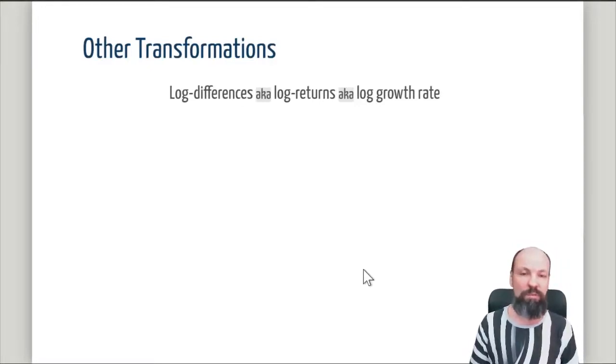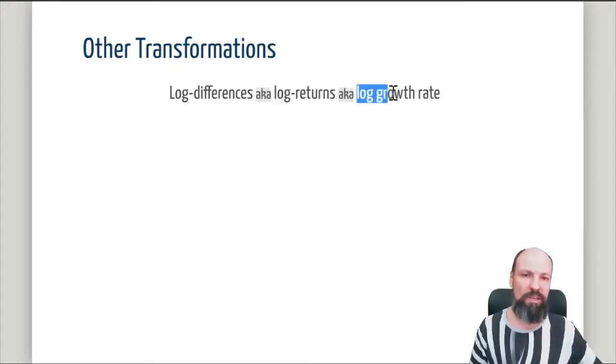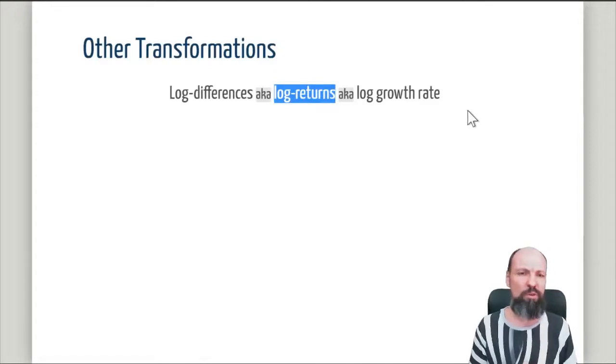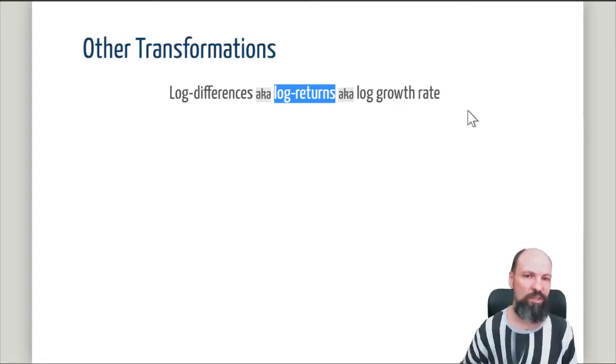The so-called log differences, same term log returns, and the same term log growth rate or logarithmic growth rate. These are synonyms. The difference is that the log returns term is used for financial data. When you apply this transformation to financial data that are essentially prices or something price-like in levels, like for example an index value, then you get the thing that is called log returns.